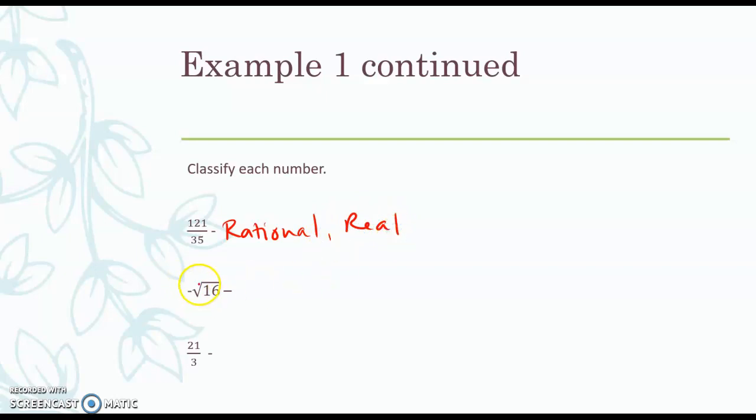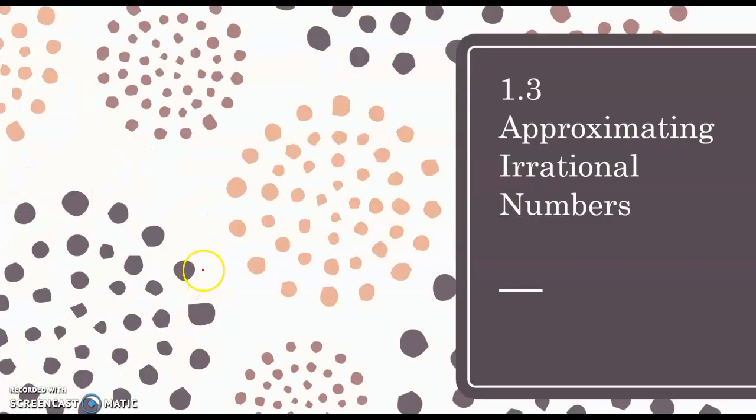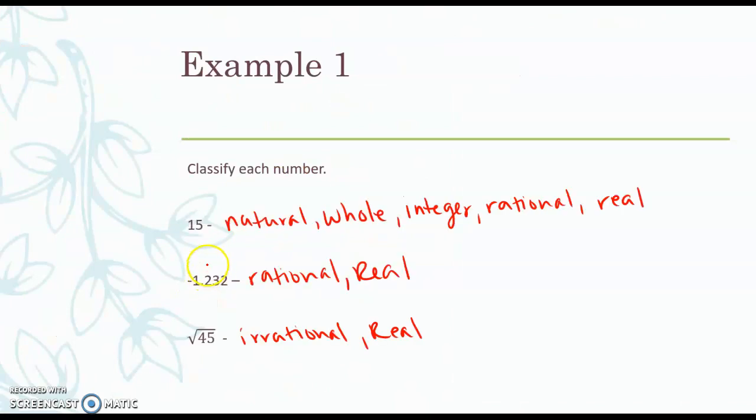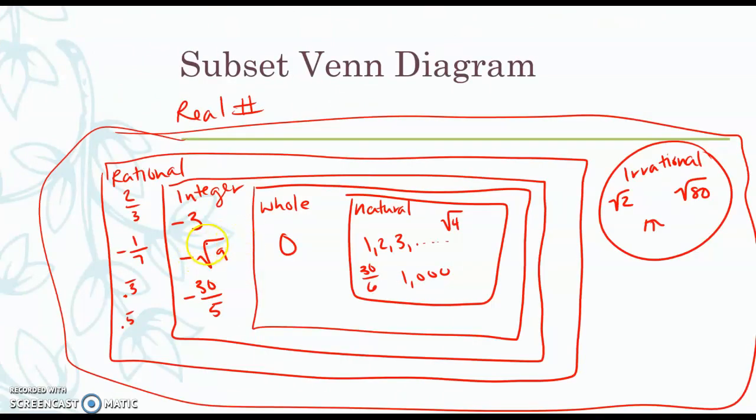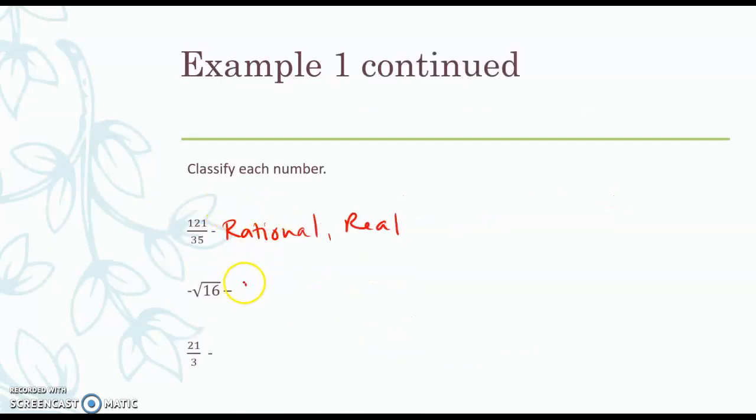All right, negative square root of 16. Oops, wrong direction. So square root of 16 is 4, and it's negative. And so since it's a negative 4, that starts out as the integer. And so we're going to write integer. And then it would also be rational because integer fits into our rational box, and real.